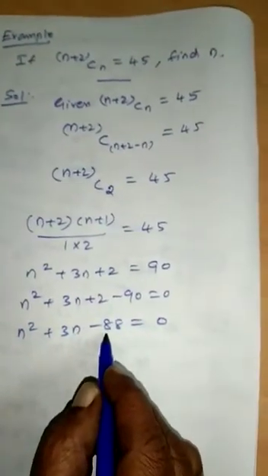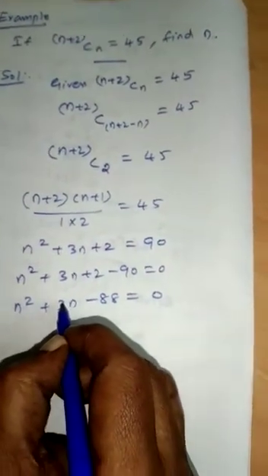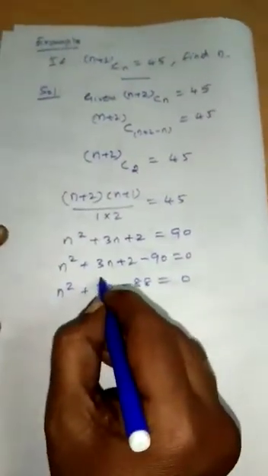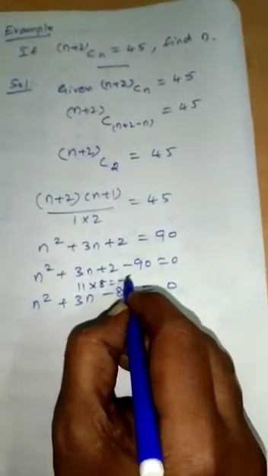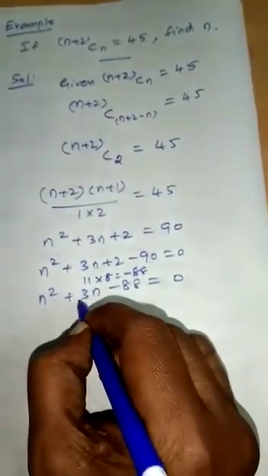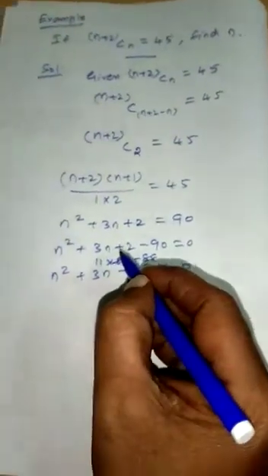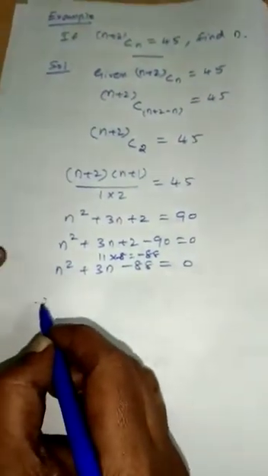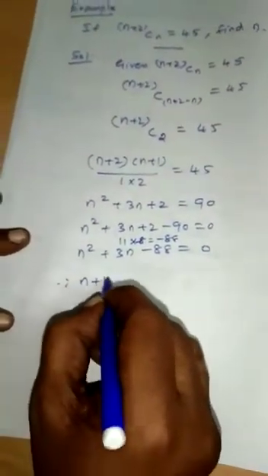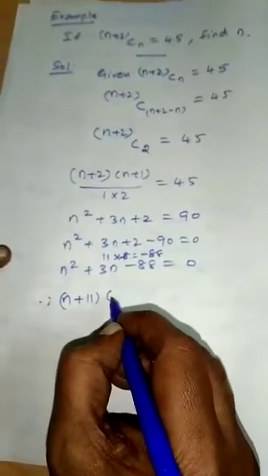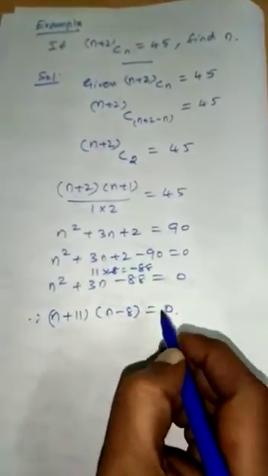When we factorize it, what is 11 into 8? 11 into 8 is 88, minus 88 here. Then here plus, the bigger one is plus, 8 is minus. Therefore, (n plus 11) into (n minus 8) is equal to 0.